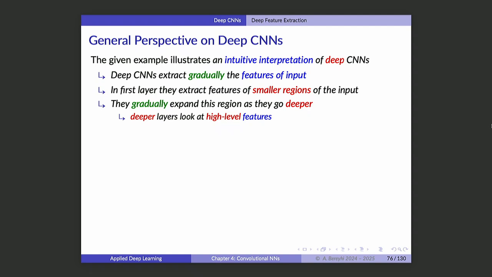And then the deeper layers are looking at the high-level features, right? So it's going to say, okay, the combination of this part and this part is an eye, right? And this eye has these kinds of features, right? So it's going to extract those. And as you keep on going deep, at some point you're going to collect lots of high-level features.